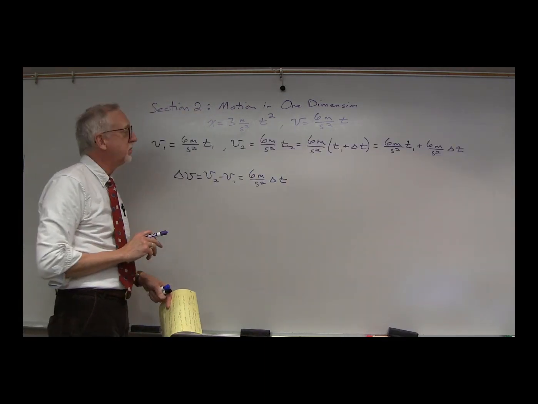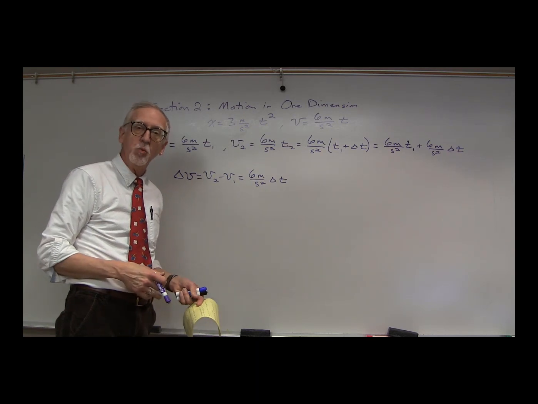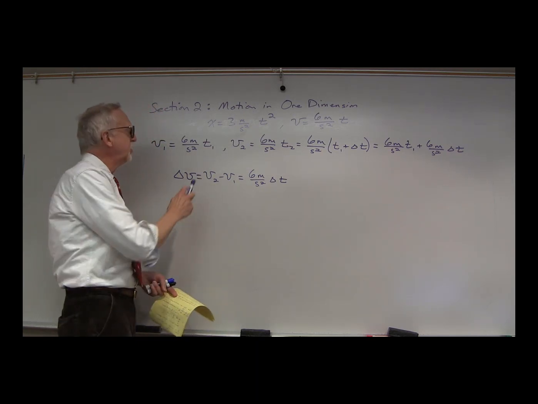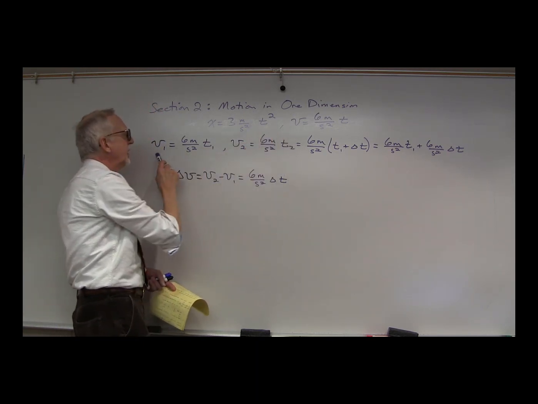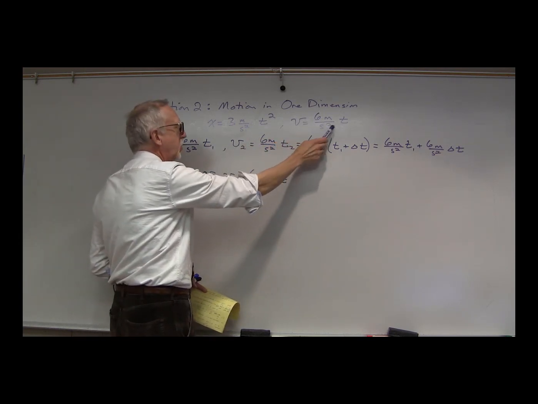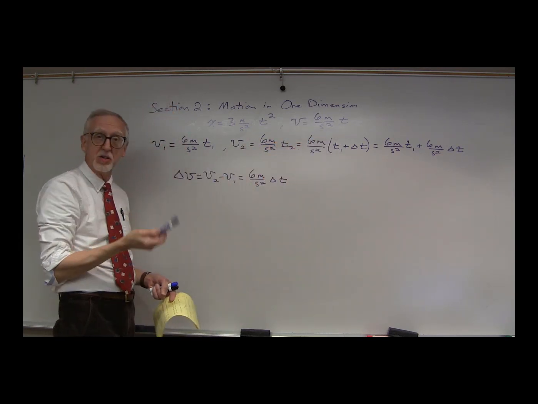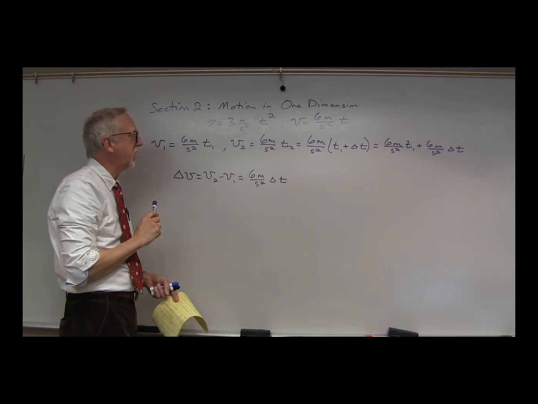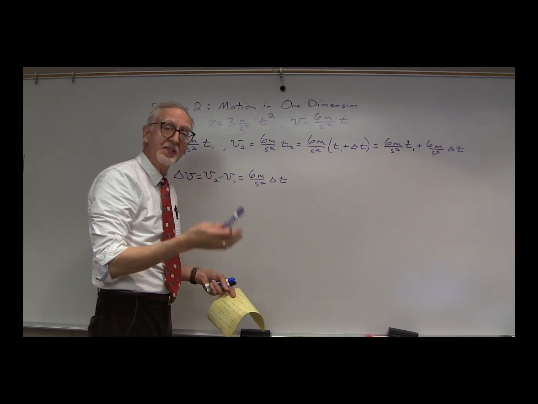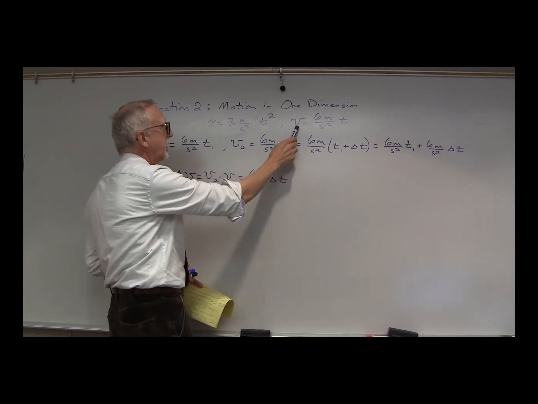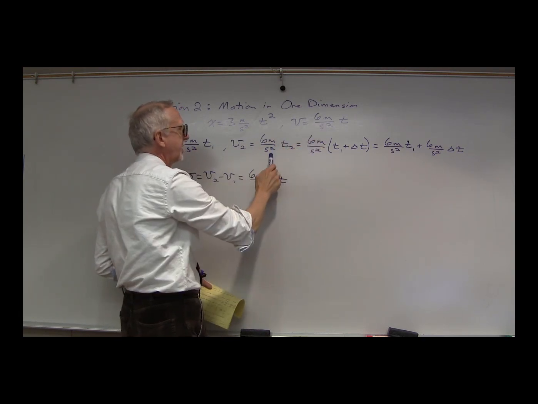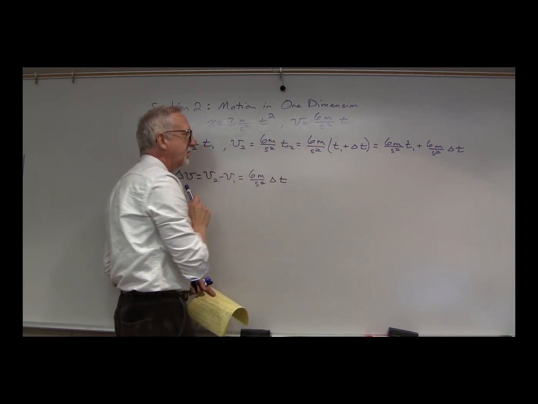Okay, here we go. Let's pick some initial time t1 with a velocity v1 so that we have v1 is equal to 6 meters per second squared times t1. That's our initial time and corresponding initial velocity. And then a final velocity at a final time t2 so that we have v2 is equal to 6 meters per second squared times t2, our final time.